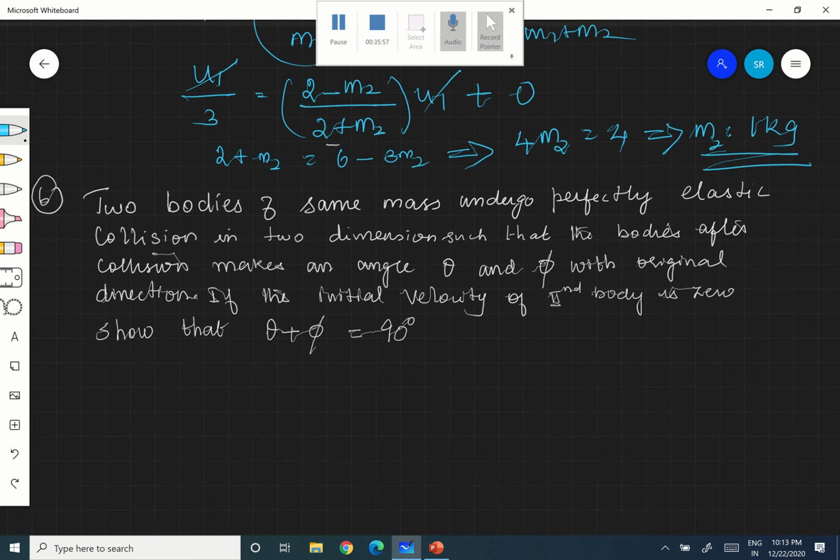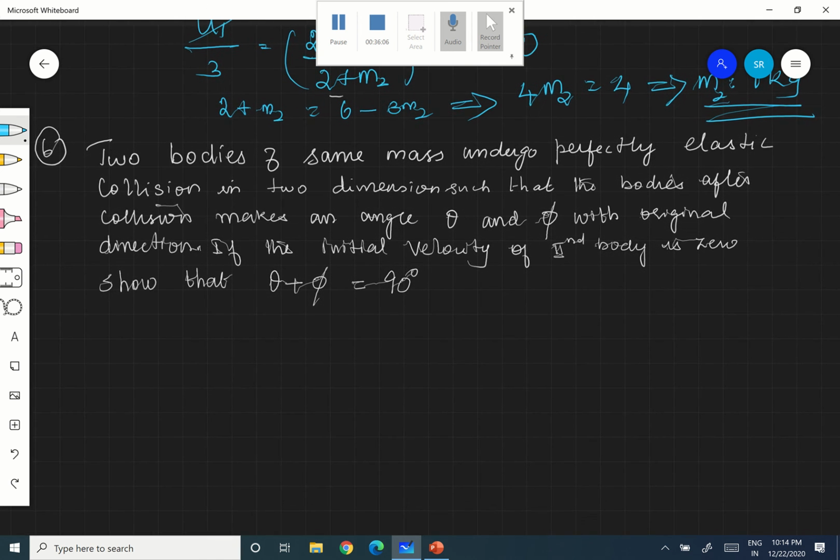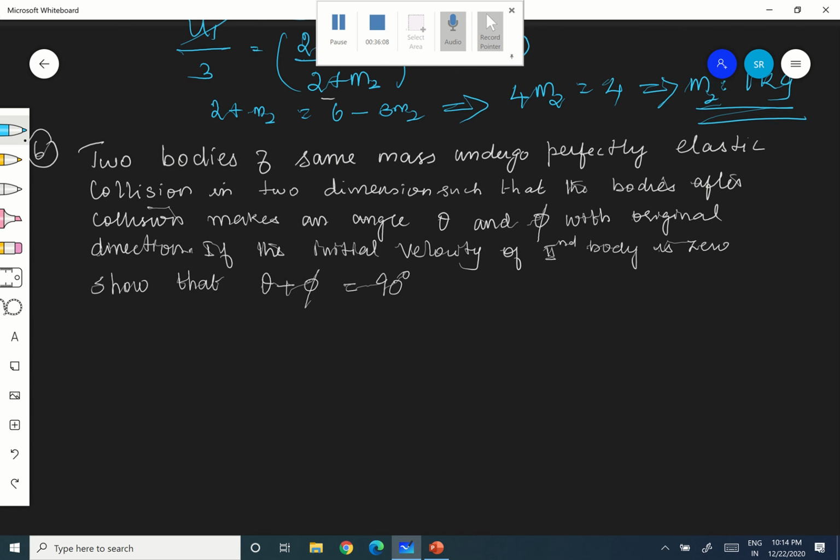Very important question. Usually, because it is a derivation type, it needs a lot of understanding. You have to apply all your trigonometric equations and formulas. Given two bodies of same mass undergo perfectly elastic collision in 2 dimensions such that the bodies after collision make an angle theta and phi with the original direction.